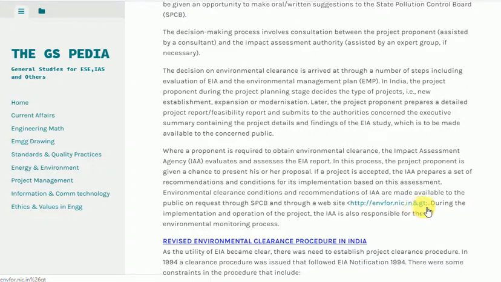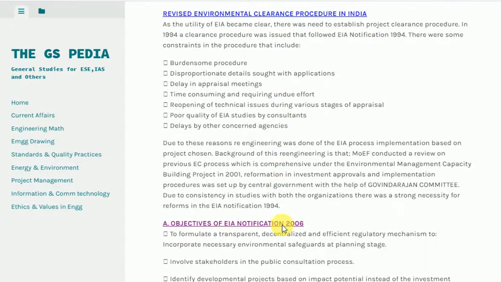Revised environmental clearance procedure in India. As the utility of ESE became clear, there was need to establish project clearance procedure. In 1994 a clearance procedure was issued that followed ESE notification 1994.